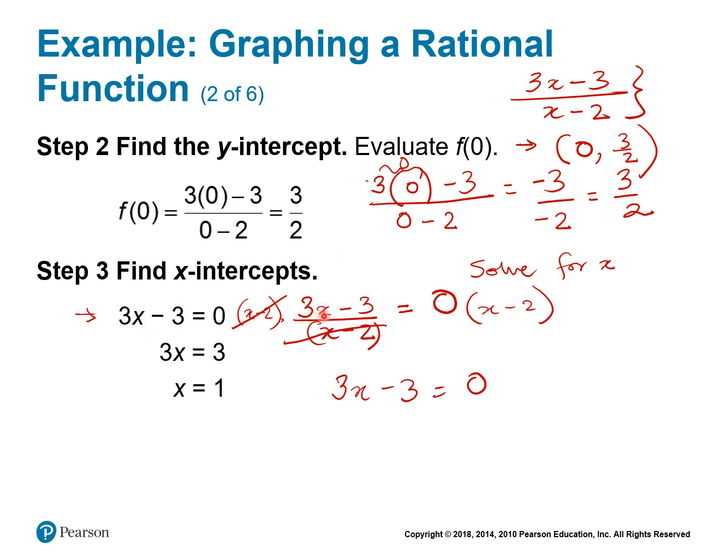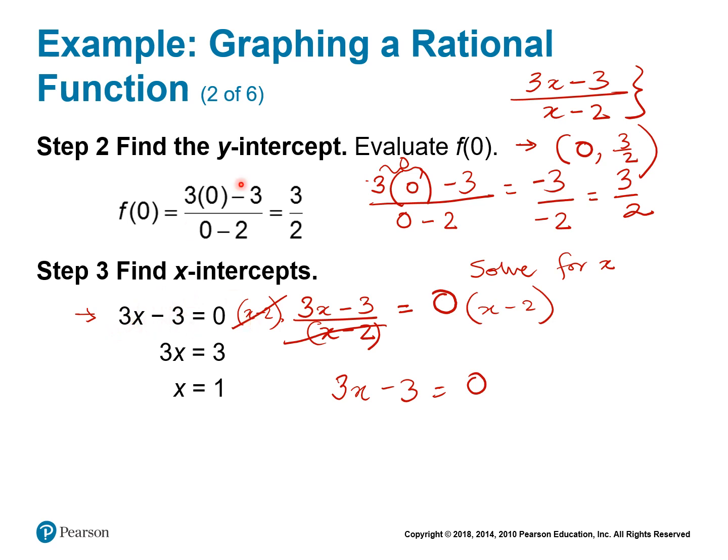What we should really do in order to find the x-intercept is take the entire function as given, make it equal to 0, and then solve it. Otherwise, it's kind of misleading if they just say take the numerator expression and make it equal to 0.